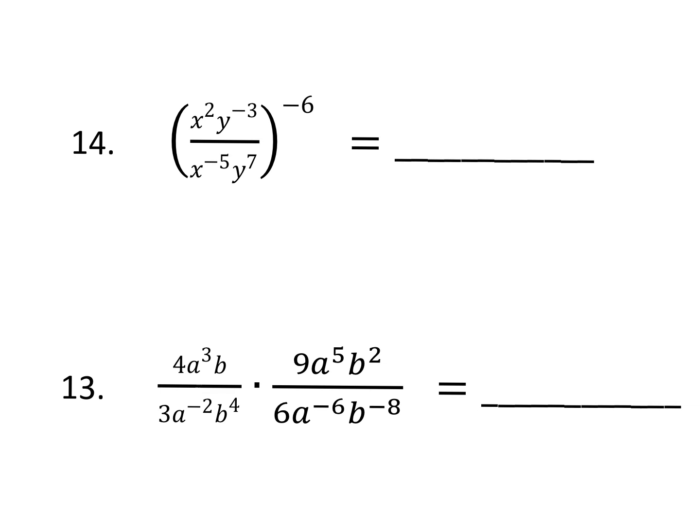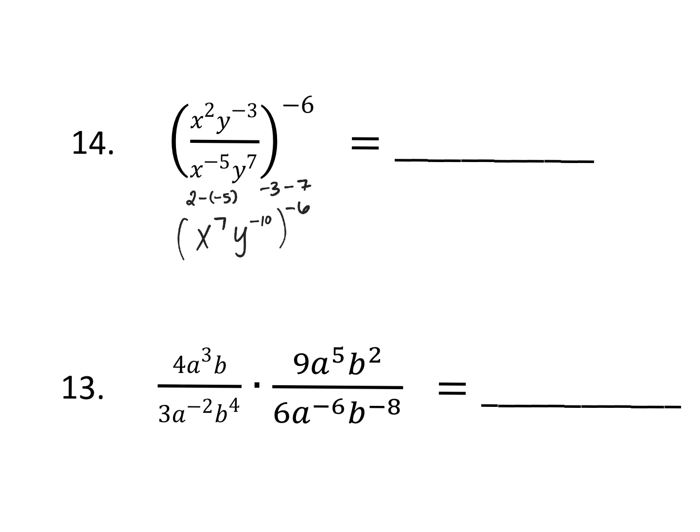So let's simplify the inside by subtracting our exponents. 2 minus negative 5. Minus negative becomes plus, so that becomes x to the 7th. And then it's negative 3 minus 7, y to the negative 10th, all to the negative 6th power.